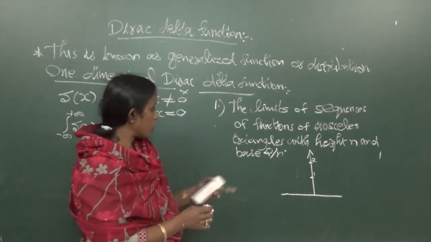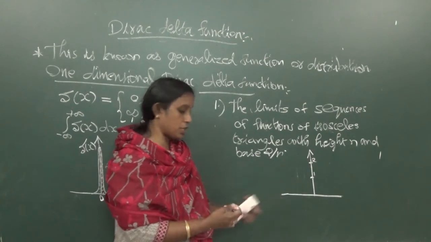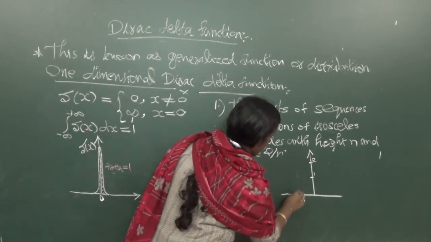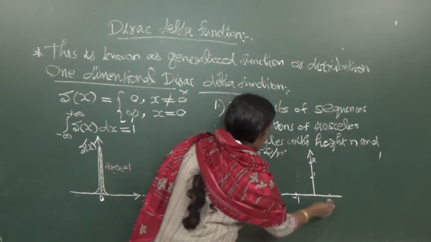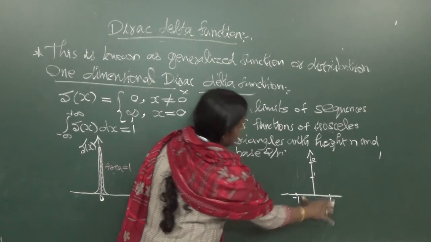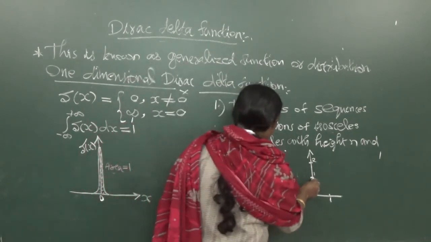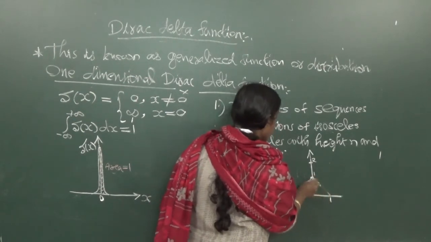The base is 2 by n. For n equal to 1, the base is 2, so this is minus 1 and this is plus 1, total base is 2, like this.